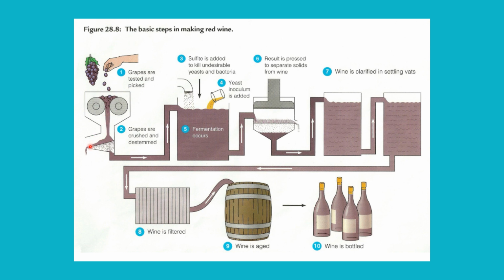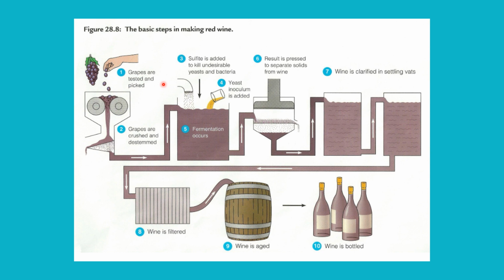And then basically the liquid resulting from the crushing, you collect that. You're going to add sulfite to the solution. This is to kill any of the microorganisms. There could be bacteria there. There could be yeast on it that you're not really wanting. So you want to kill first the microorganisms that you don't want there.